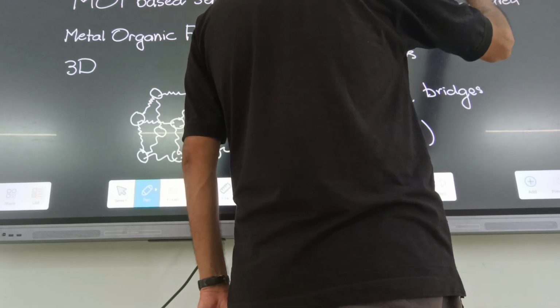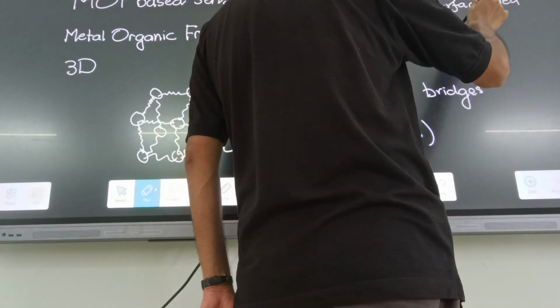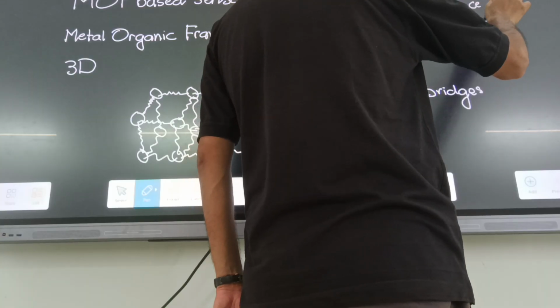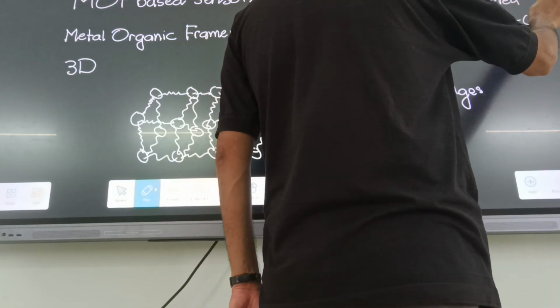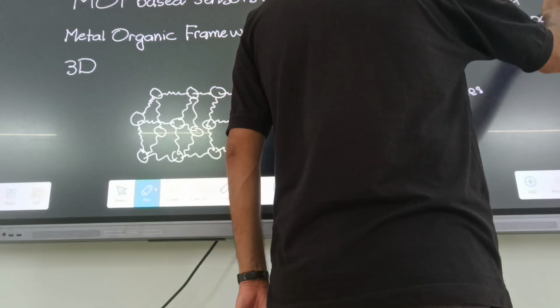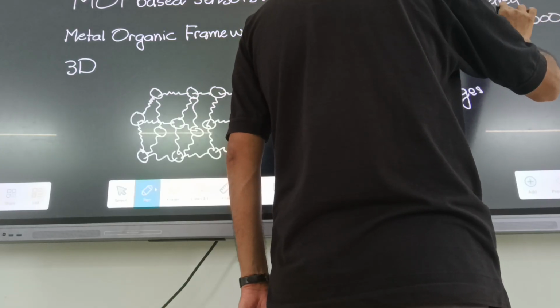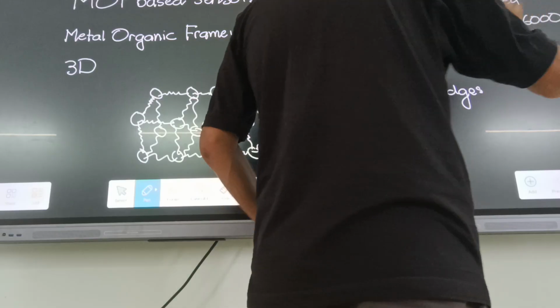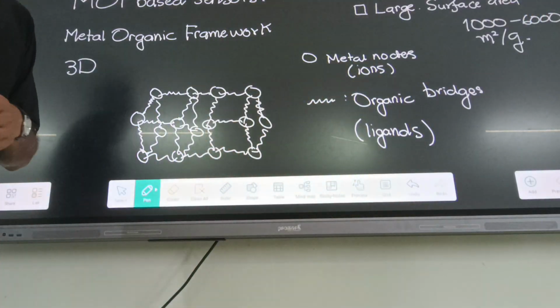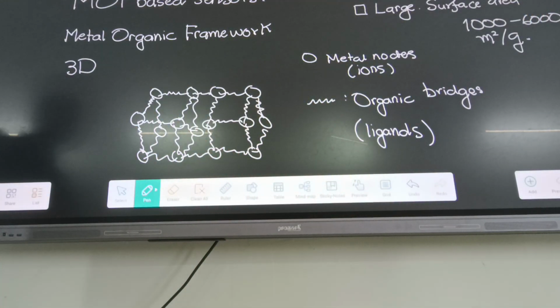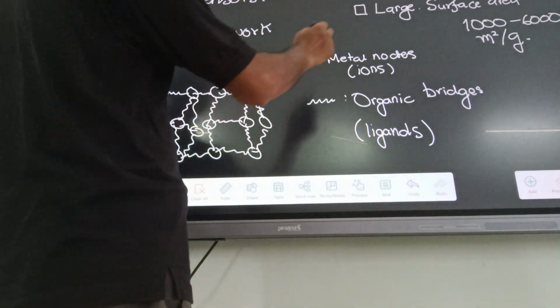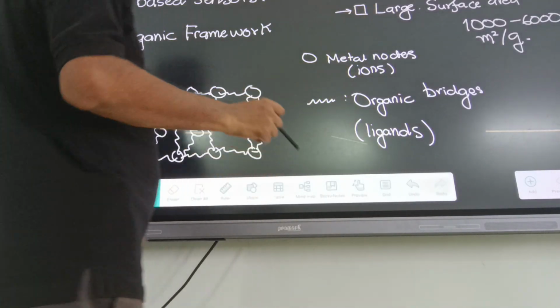Specific surface area, that is around 1000 to 6000 meters square per gram. This is the second reason. One is porosity, second is large surface area.